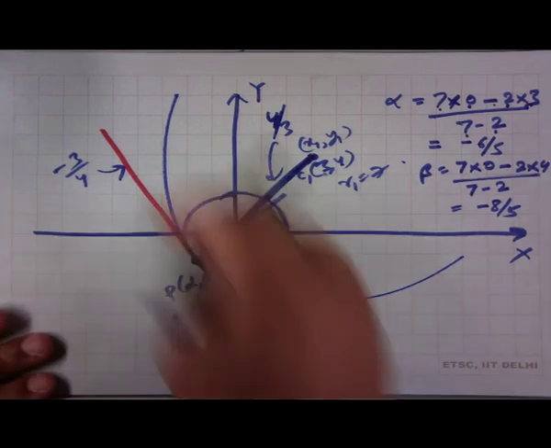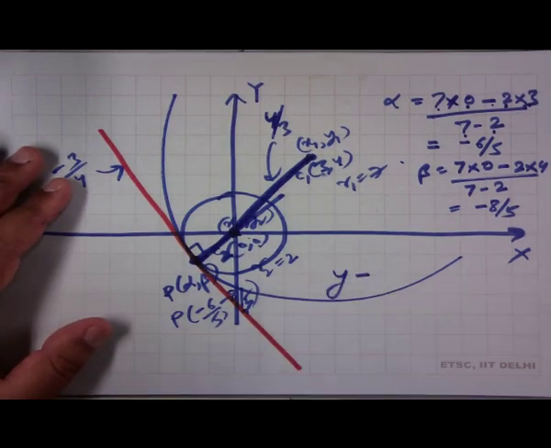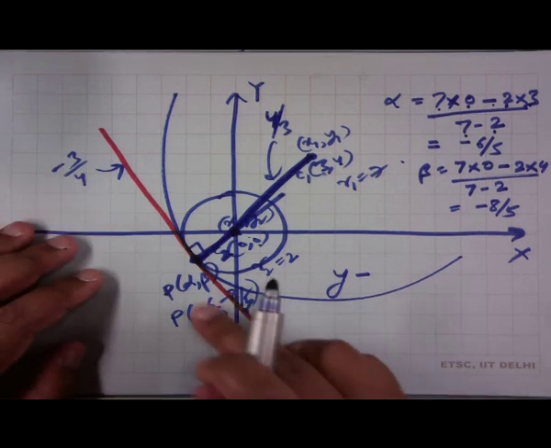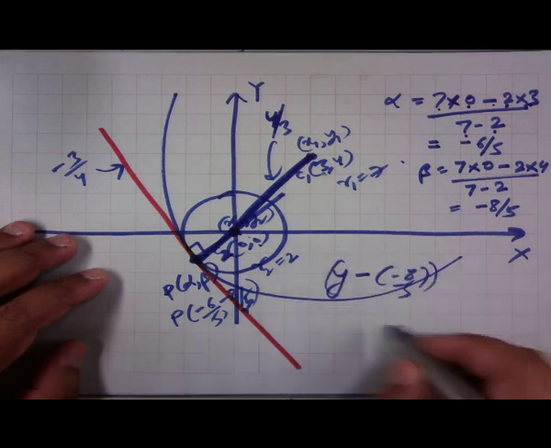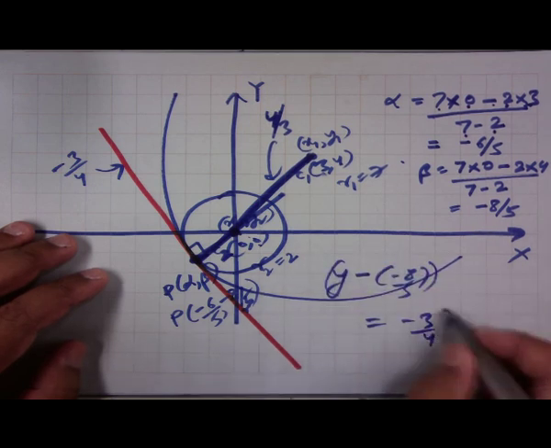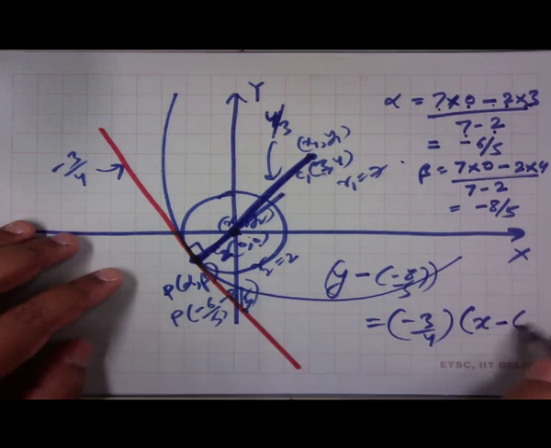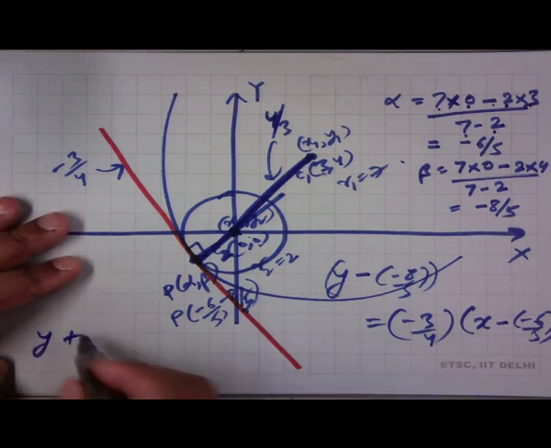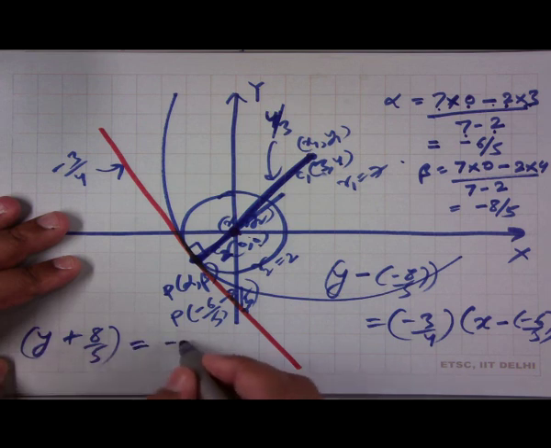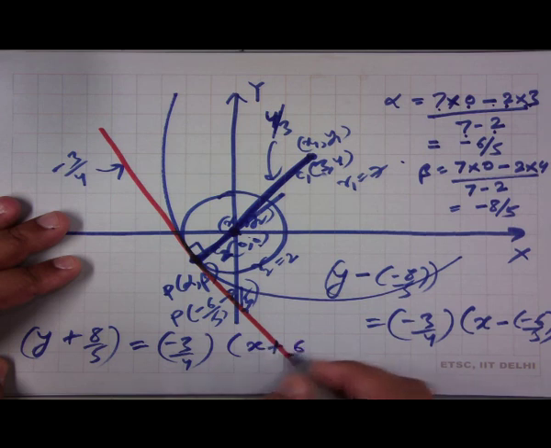Then it is very easy to write down the equation: y minus beta equal to slope multiplied by x minus alpha. So, the equation is y plus 8 by 5 is equal to minus 3 by 4 times x plus 6 by 5.